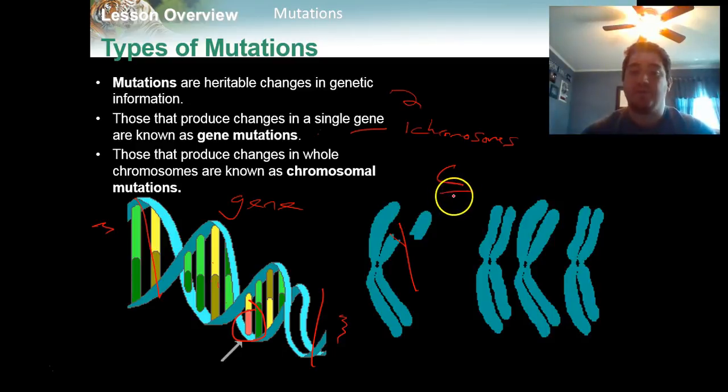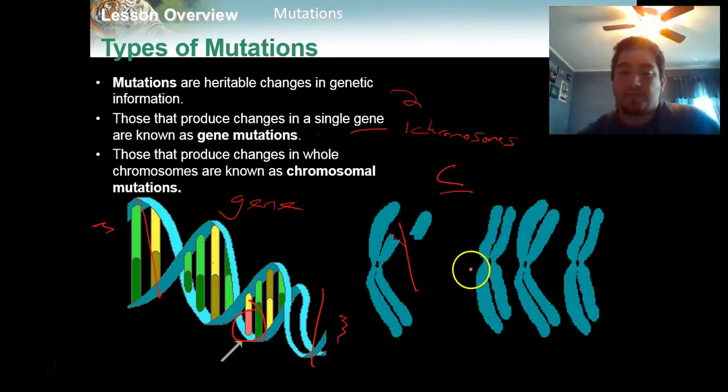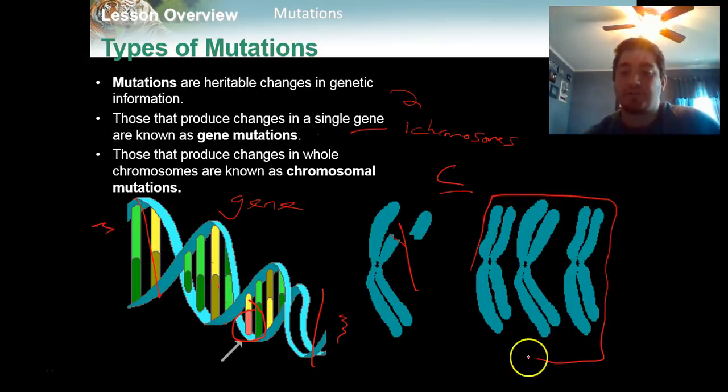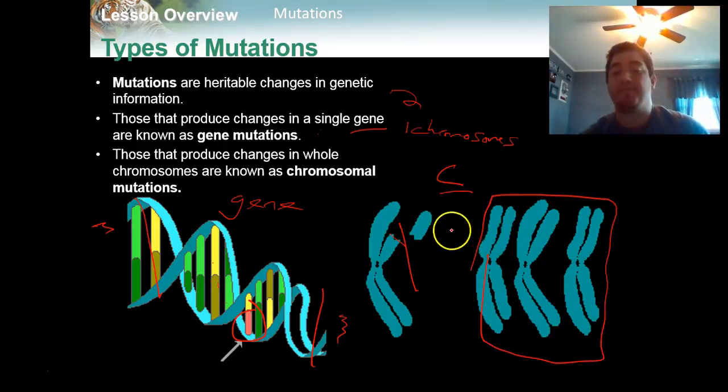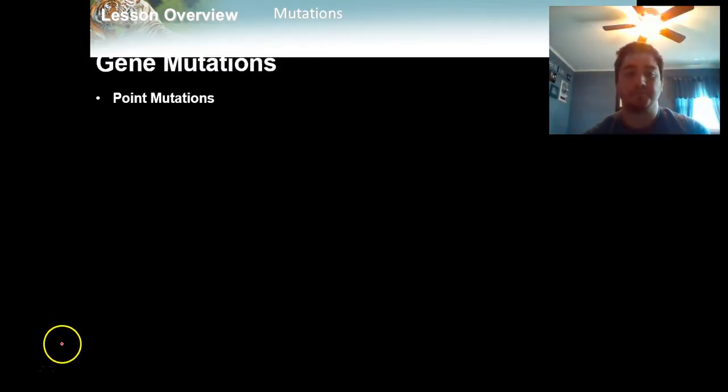And if that holds really important information for processes of life, that organism's not going to survive. A different example would be, instead of one chromosome, what happens if we accidentally make two extra copies? Now we have three chromosomes with all those genes. Again, this is a chromosomal mutation because we're actually changing the number or the amount of chromosomes.